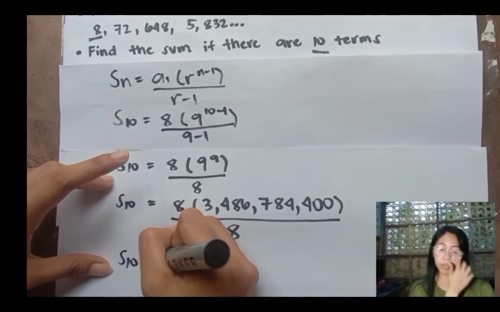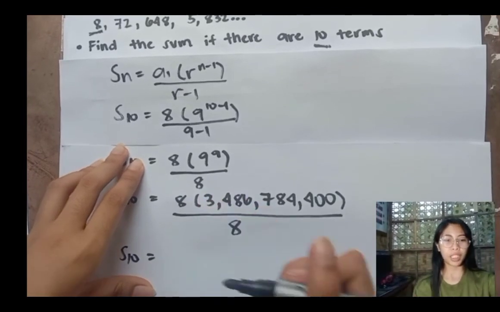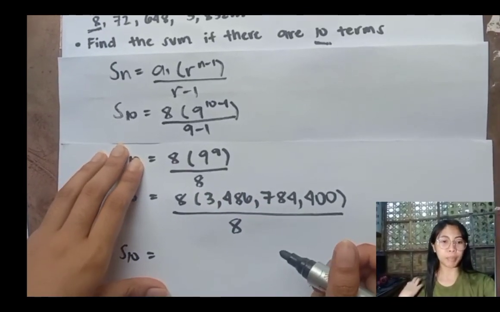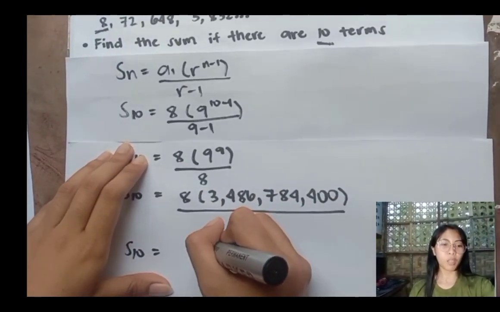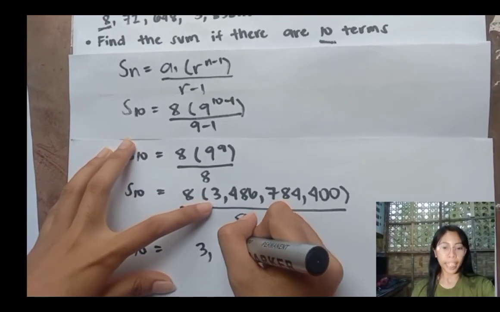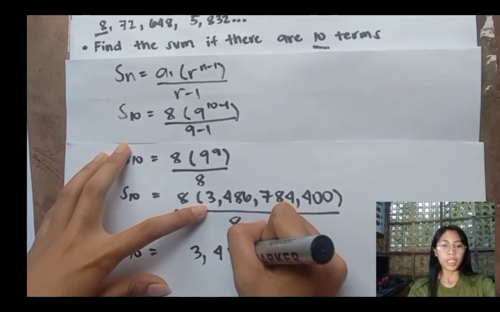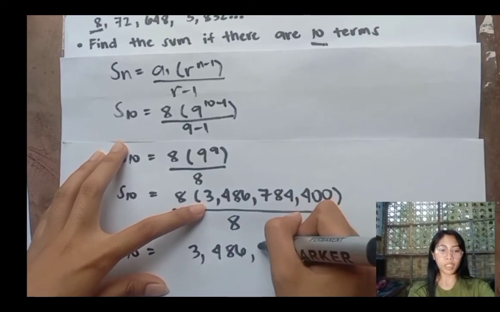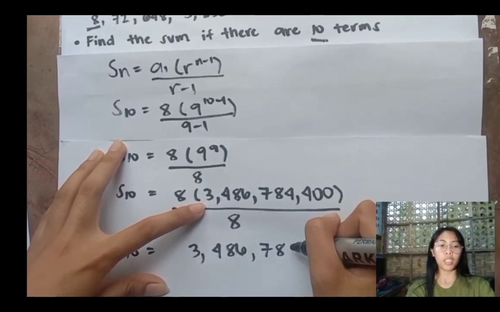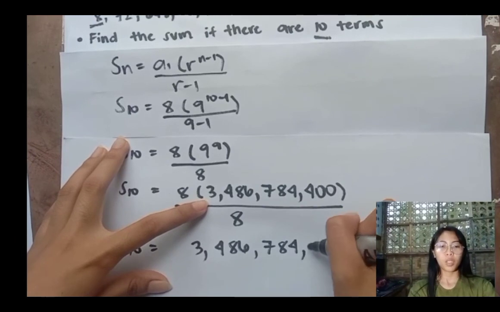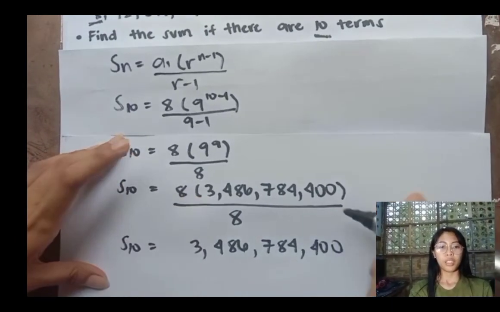So S sub 10 is equal to 8 times 3,486,784,400 divided by 8. So the result of it is 3,486,784,400. So this is the sum of the 10 terms.